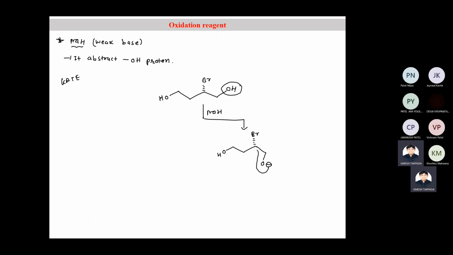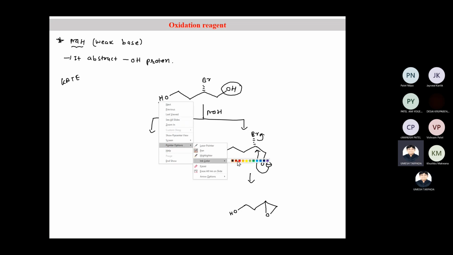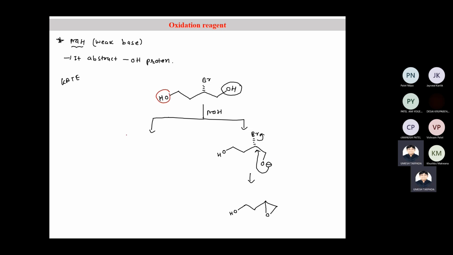Followed by nucleophilic attack here with departure of the Br group. So you are getting a 3-member ring over here. One product is this one. The second is that you can have a chance to abstract another proton, this proton, by the base.